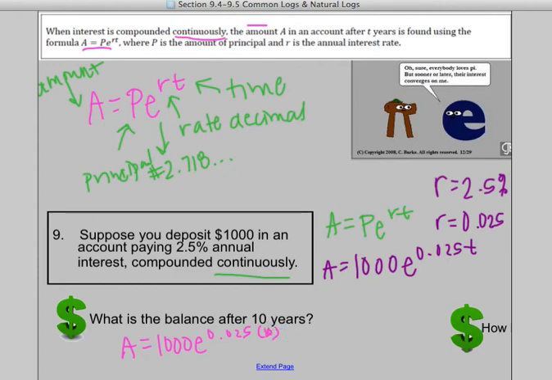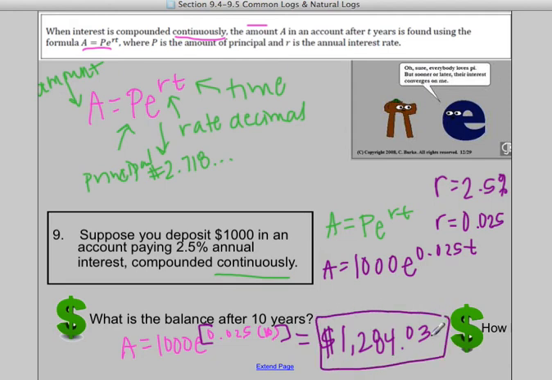On your calculator, when you put this in the exponent, you need to make sure you put all of it in parentheses. You type it in your calculator, and we remember this is money, so I'm going to round to 2 decimal places, and I would get $1,284.03. So after 10 years, that's how much money they would have.